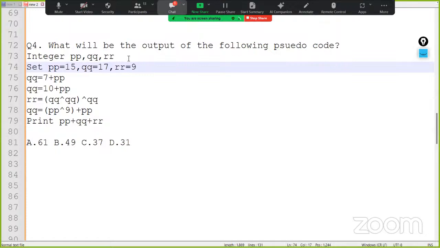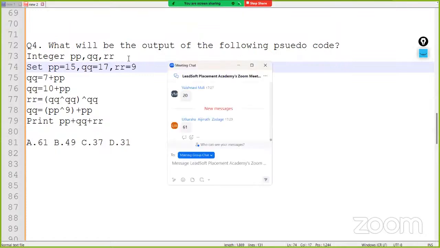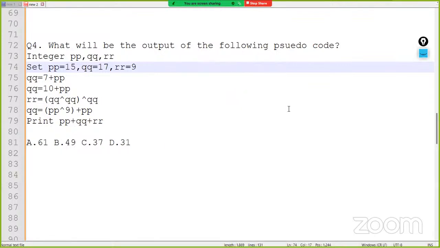Well, we have one result, that is 61 from Utkarsha. Okay, only one person till this time has answered.